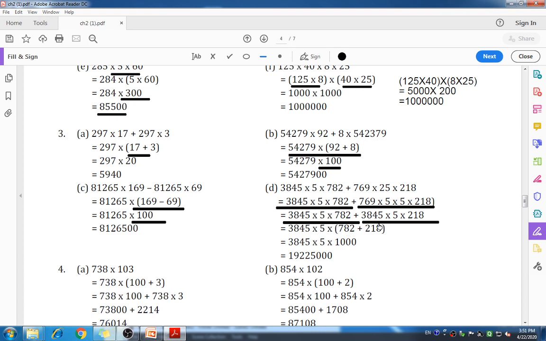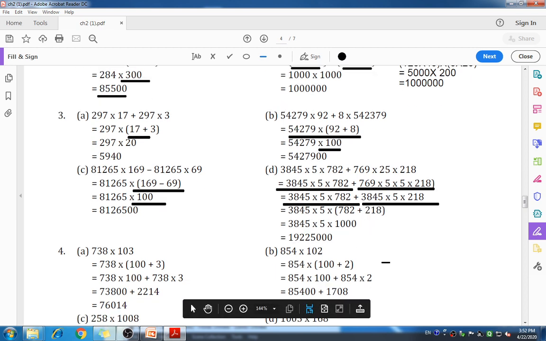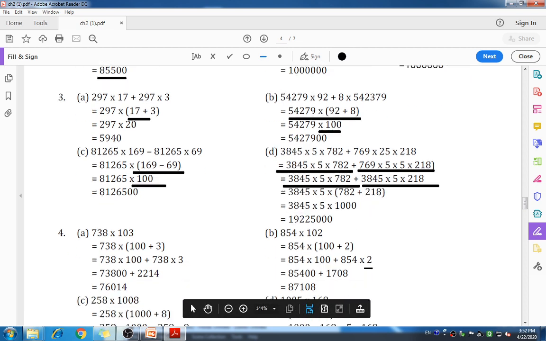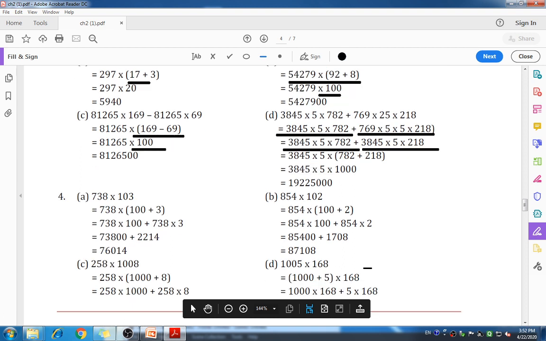And in the bracket we wrote 782 plus 218, which gives 1000. So 3,845 into 5, we get 19,225, and if you multiply that number with 1000, we get the answer 1,92,25,000. Okay dear students, these are very easy.